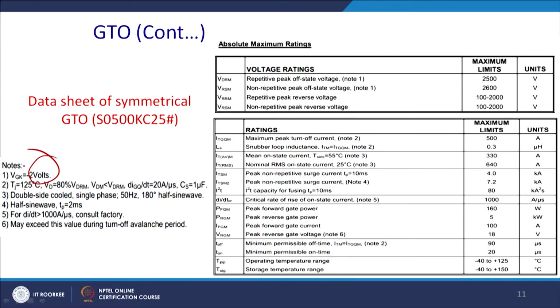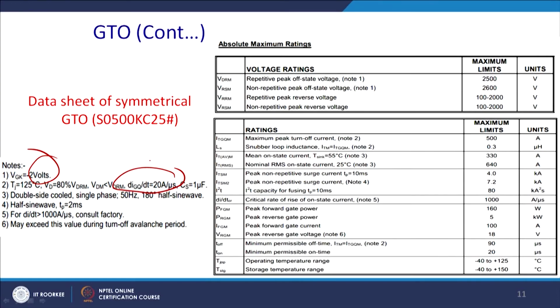Vd should be 80% of the VDRM, and VDRM should be more than the VDM. The rate of change of gate current should be around 20. You have seen that it is in the range of 1 ampere per microsecond, but it is required to be a little higher, around 20 ampere per microsecond, and CS equal to 1 microfarad.